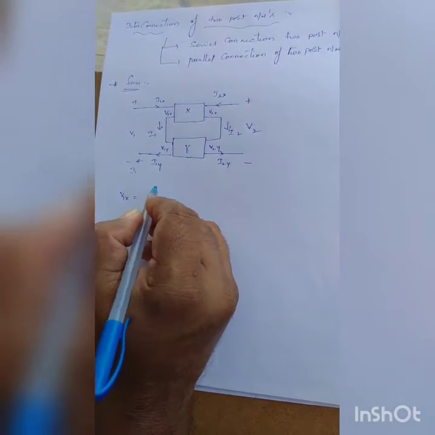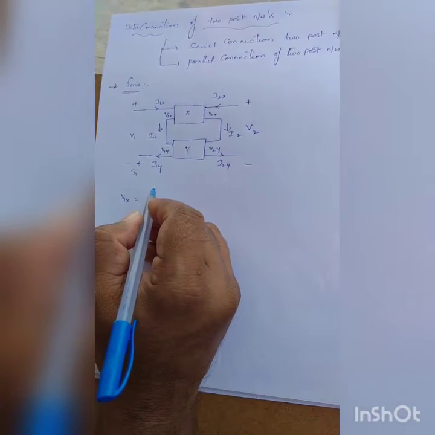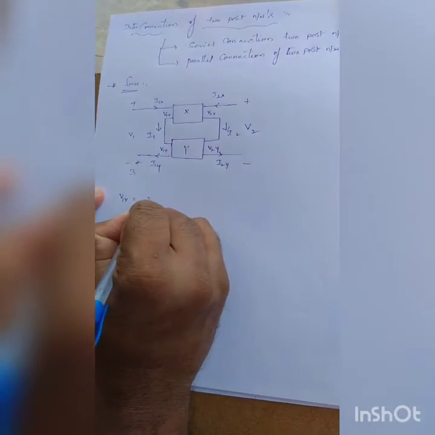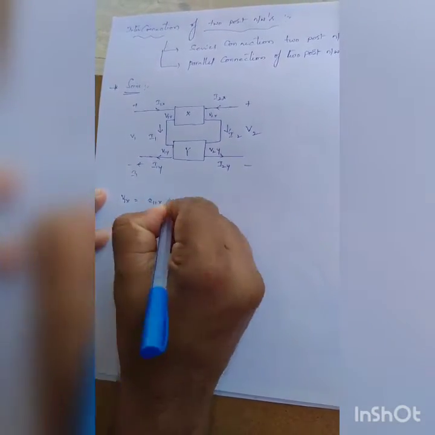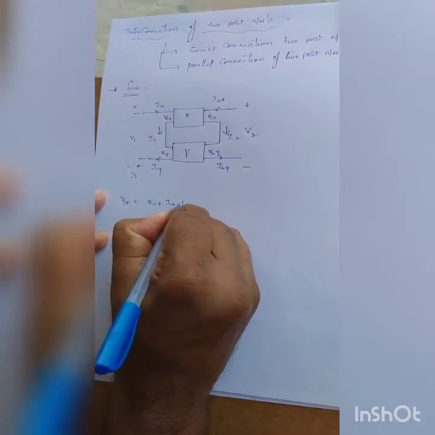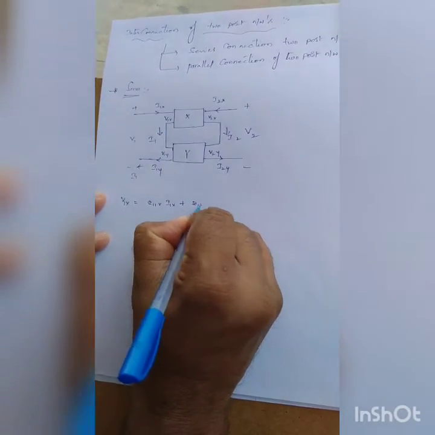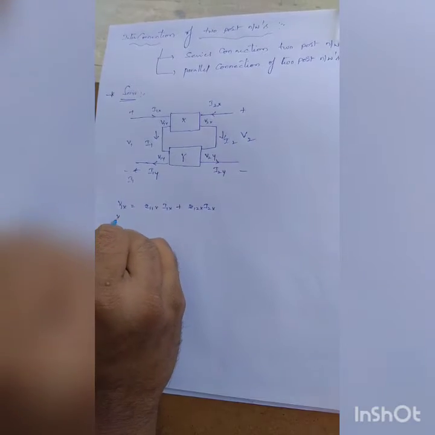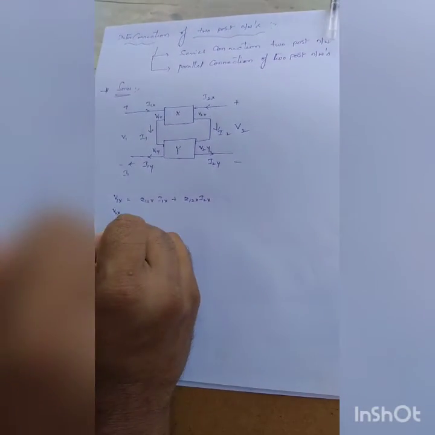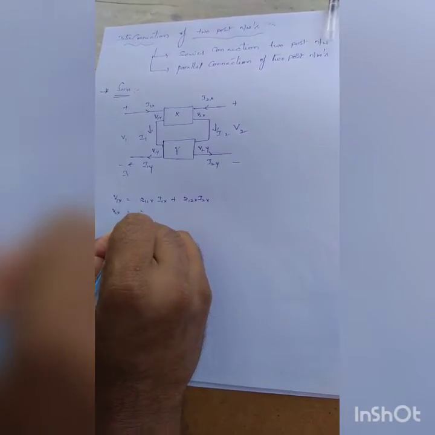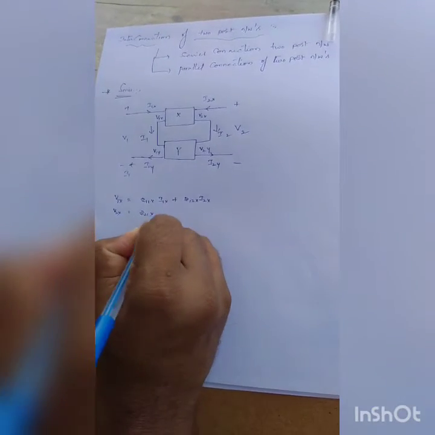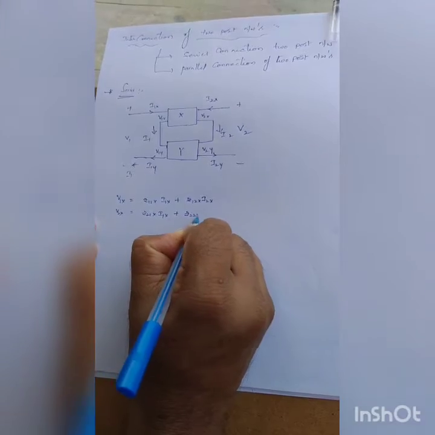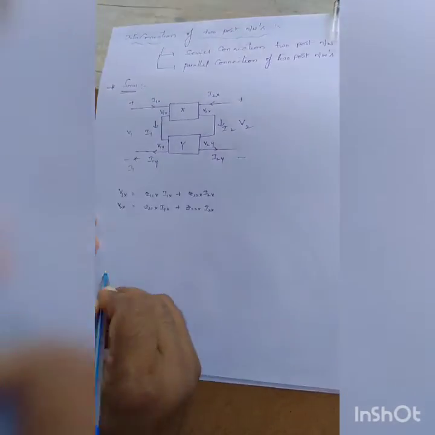V1X is equal to Z11X into I1X plus Z12X into I2X. Next, V2X is equal to Z21X I1X plus Z22X I2X.